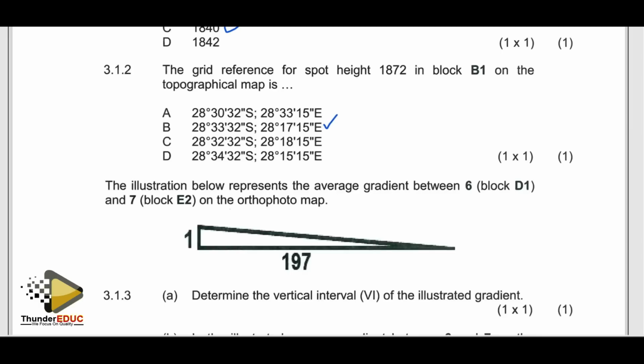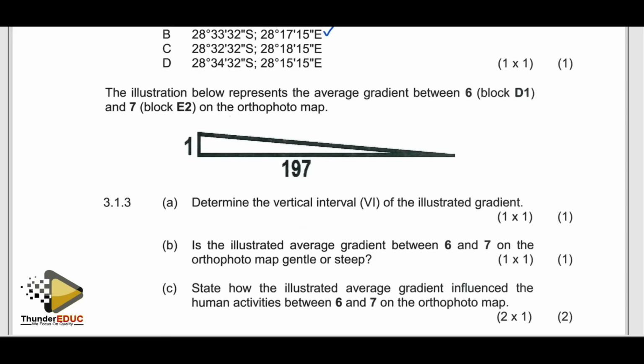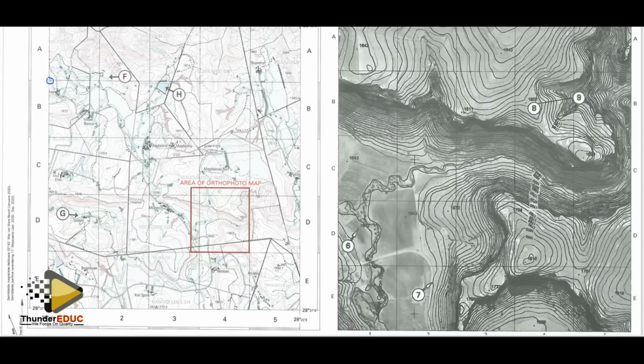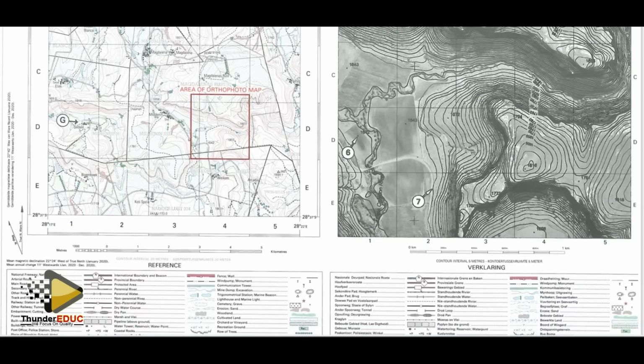Right, we move on to the next question. The illustration below represents the average gradient between point 6 in block D1 and point 7 in block E2. We are looking at this section of our orthophoto map, from point 6 to point 7.